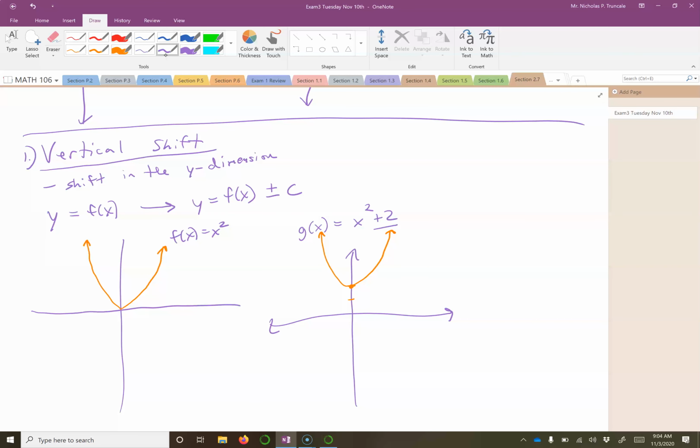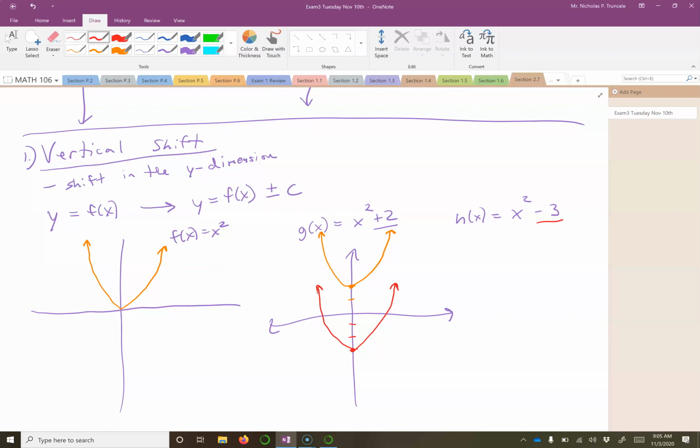On the same graph, I'm going to do another one. I'll call it h of x. We'll say it's x squared minus 3. So what does that do? Well, we have, again, the x squared is the base function, the one we already know, and the negative 3 means we're going to vertically shift downward 3 units. So 1, 2, 3. Okay, so that's the vertex. And then I just draw the parabola like I would before. So you notice I'm trying to draw these parabolas to look the same because we're not widening the parabola, we're not shrinking it, we're not flipping it.